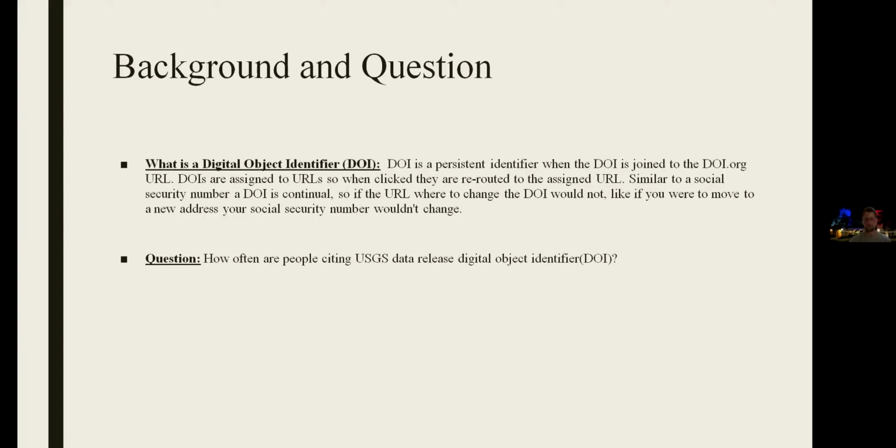So the one question we were focusing on for this portion of the project was how often people are citing USGS data release digital object identifiers. And this process looked like this.